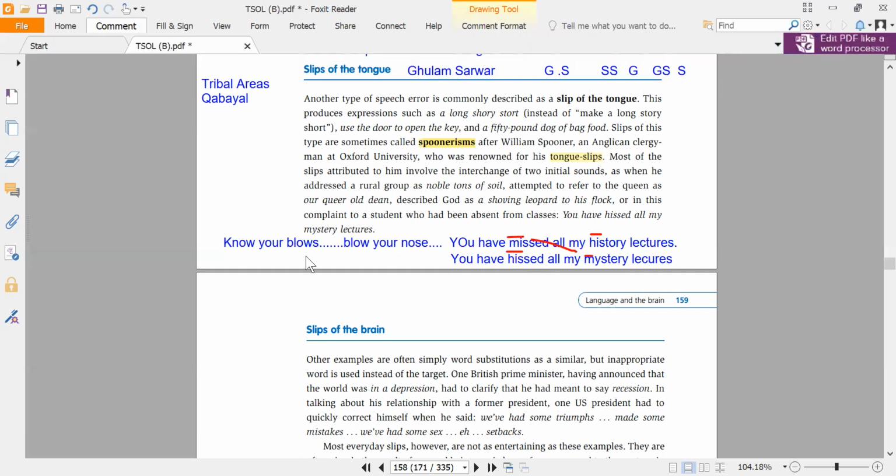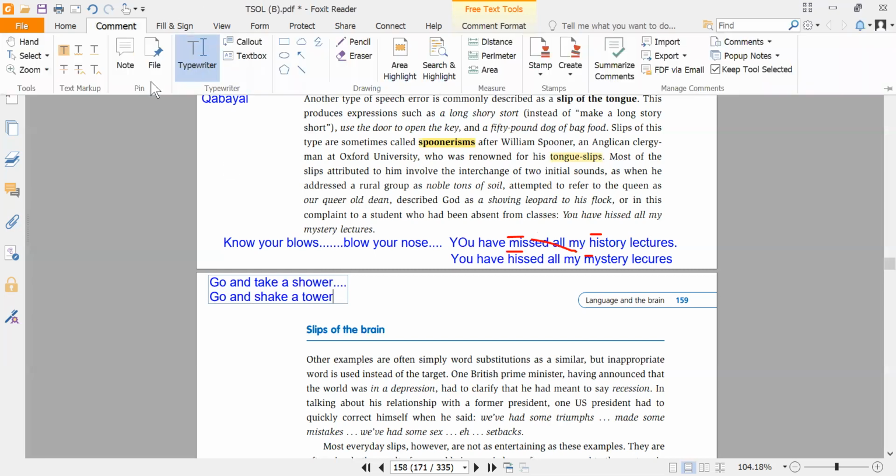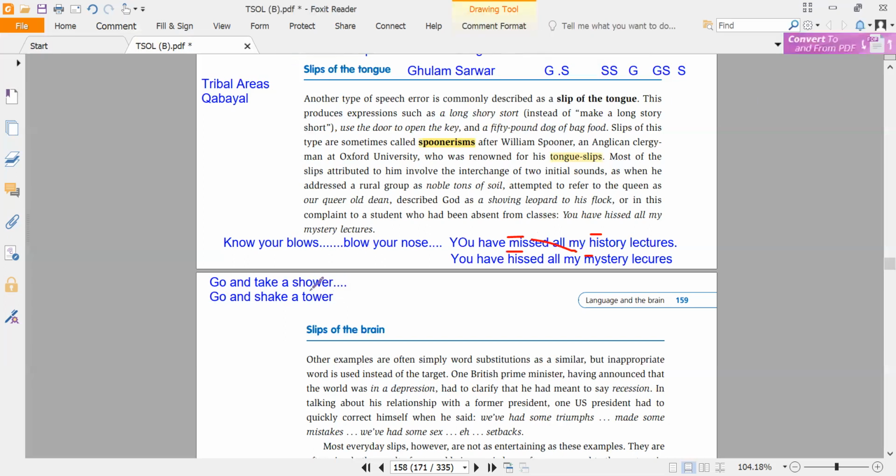Another example, once a person wanted to say, "go and take a shower," right? So he said mistakenly, "go and shake a tower." Don't go for the spellings, right? Because I have already told you that in phonetics and phonology we don't care about the spellings, we care about the sounds only.